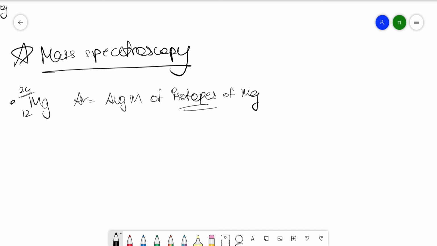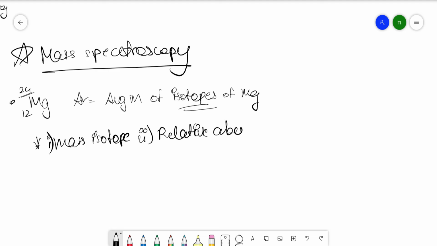And how do we exactly calculate this average mass? We calculate this average mass using two values: the mass of the isotope and its relative abundance. That is how we calculate the average mass, which is basically the AR of Mg in this case.